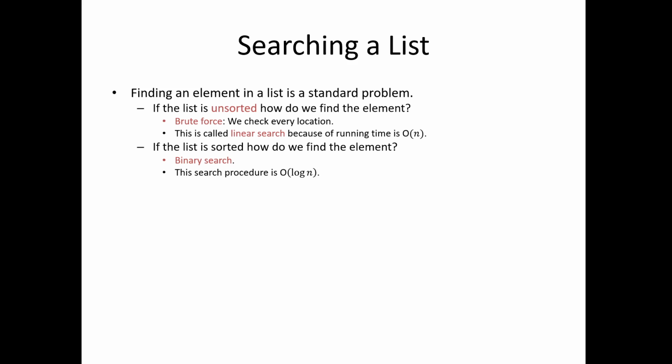Of course, the runtime of a binary search is asymptotically better. It is order of log n instead of n, and so that means we're able to find the element quicker if the list is sorted.